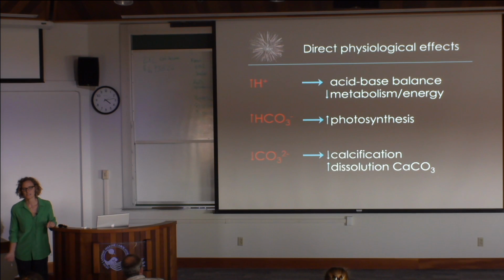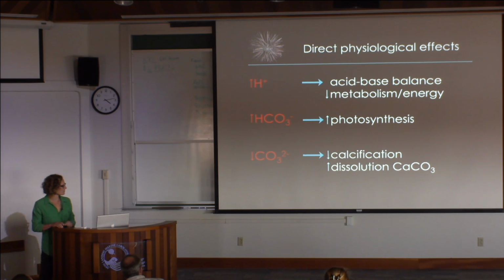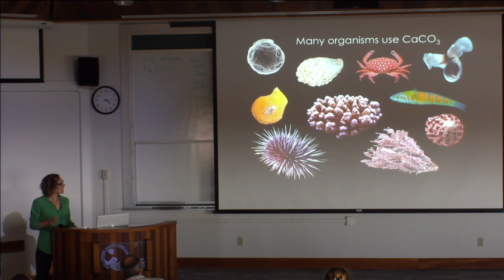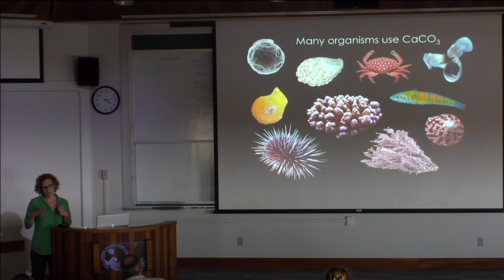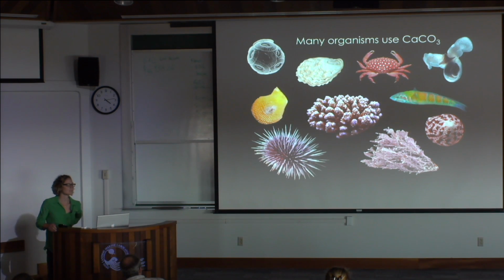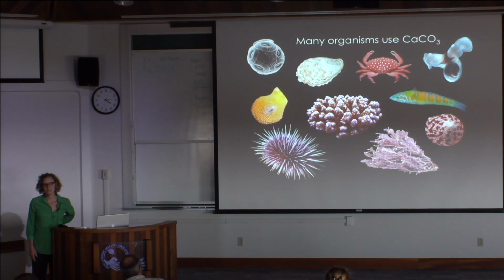So decreases in this can decrease calcification or increase the dissolution of calcium carbonate. And this is really what's garnered the most attention because so many organisms in the ocean use calcium carbonate. So they range from the coccolithophores, which are really important for biogeochemical cycling, to pteropods, the base of food webs, to commercially and ecologically important species that you all know and care about.